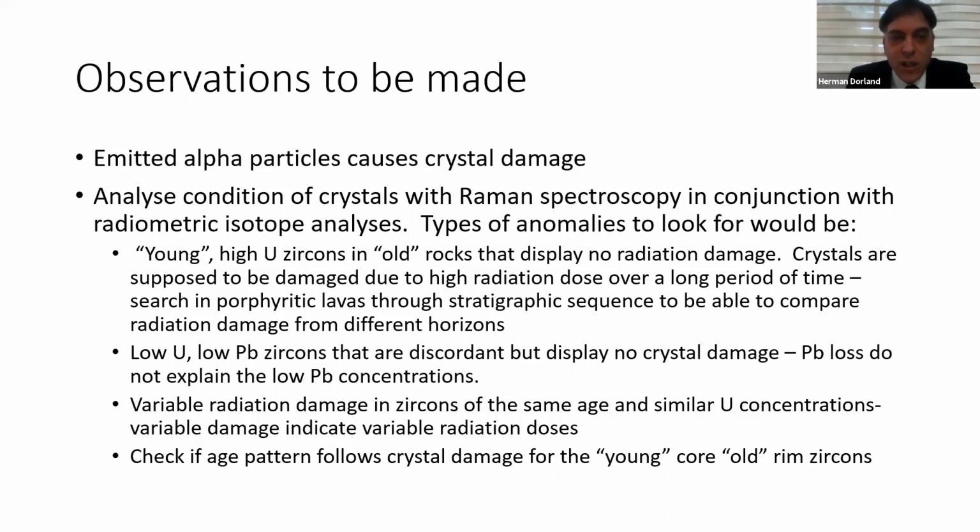And if it's not damaged, then if you have high uranium in an old rock, it would be a discrepancy. And we can also look for crystal damage in the metamorphic rocks where we have young cores and old rims, to see if the young cores were damaged by radioactive decay, the emittance of alpha particles.